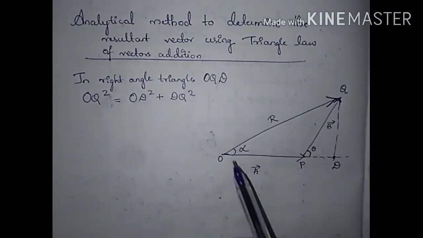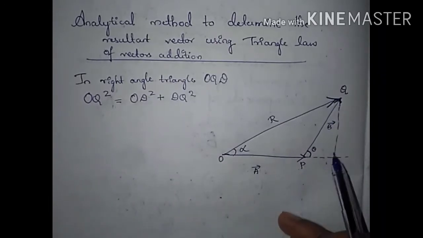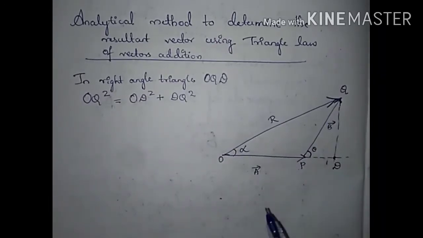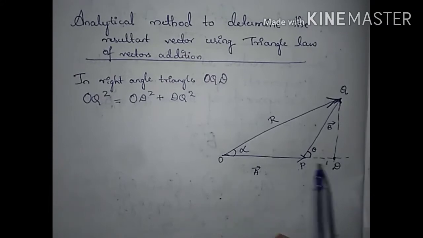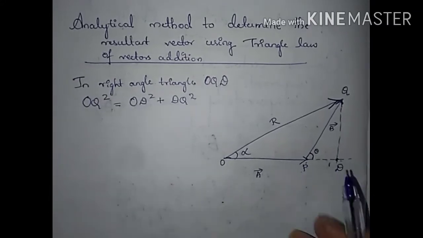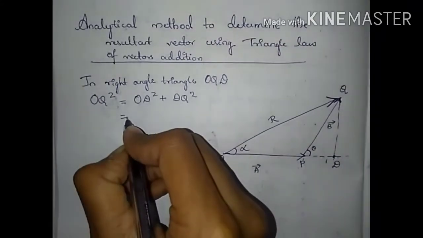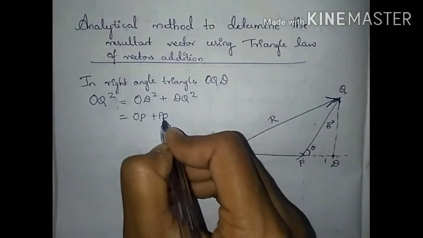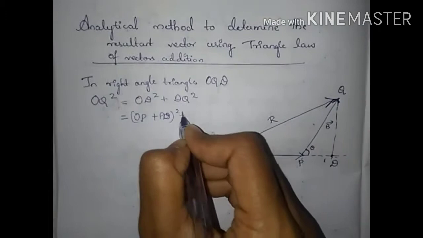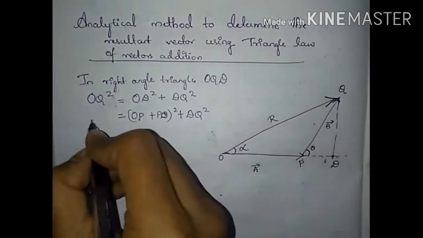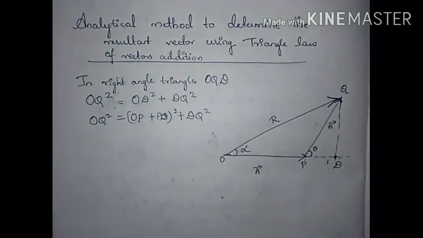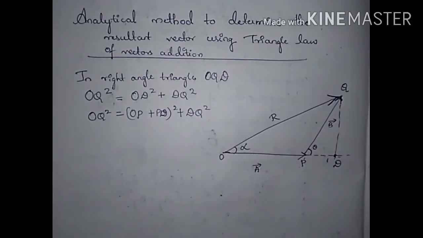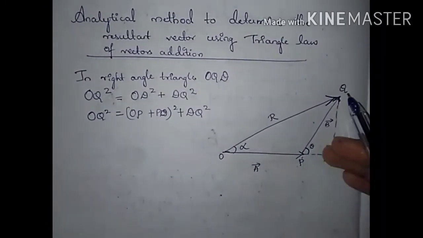So we got to know that OQ square is equal to OD square plus DQ square. So from the diagram, OD is what? OD is OP plus PD. So OQ square is equal to (OP plus PD) whole square plus DQ square.